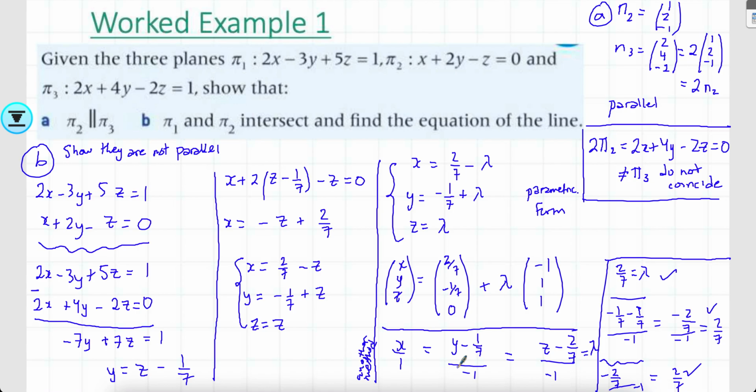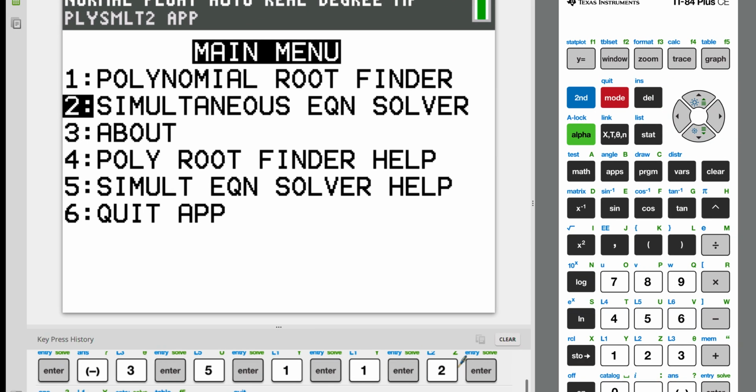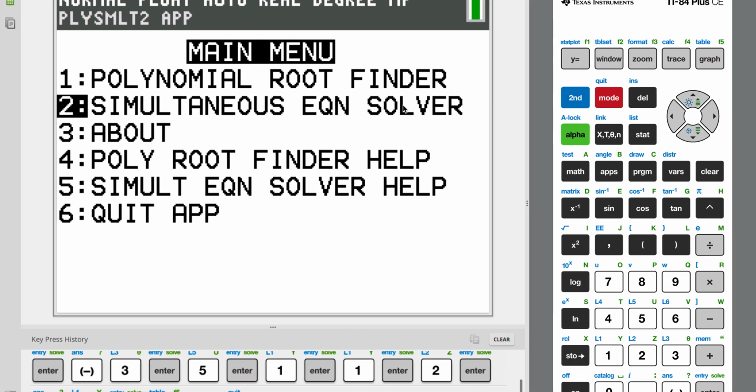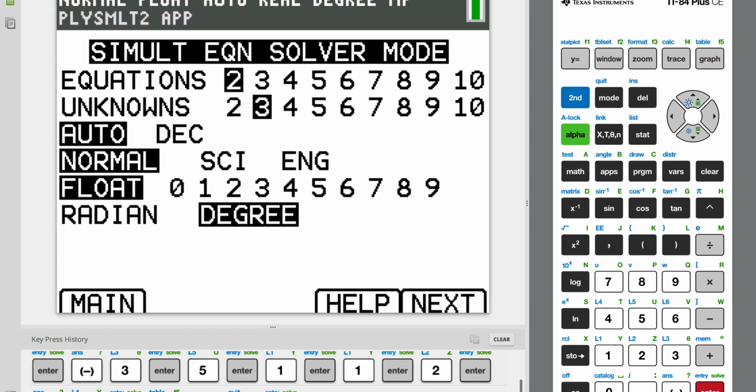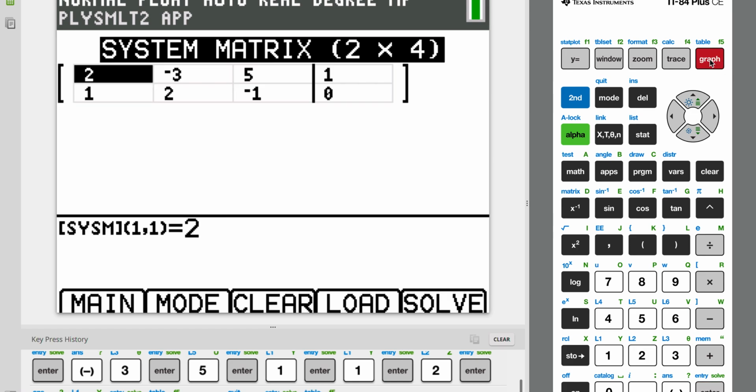Now, if you have a GDC, you can also do that on the GDC. You go to the polysimultaneous app in the apps section. You go to the simultaneous equation solver, and then you pick two equations, but you have 3 unknowns. So just keep that in mind. Then we'll go to next.